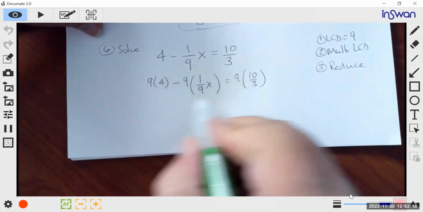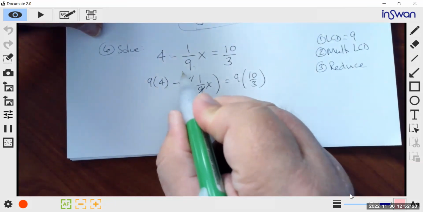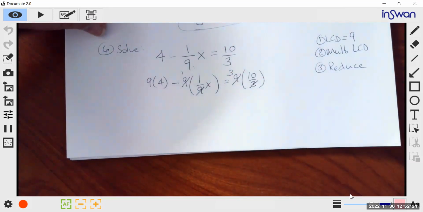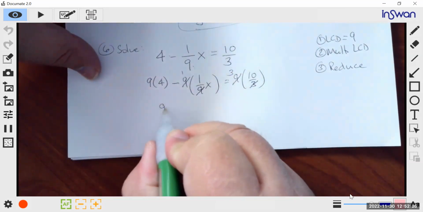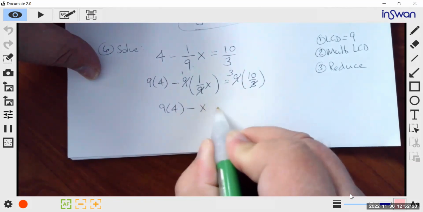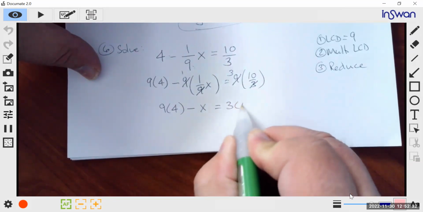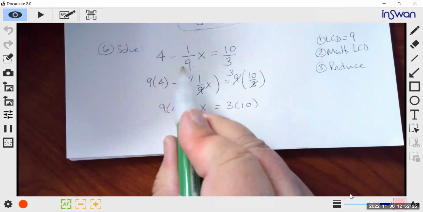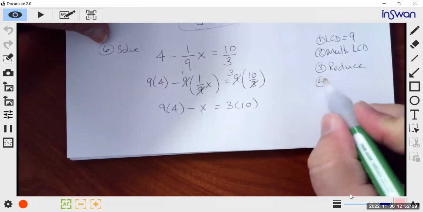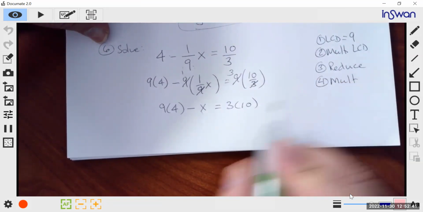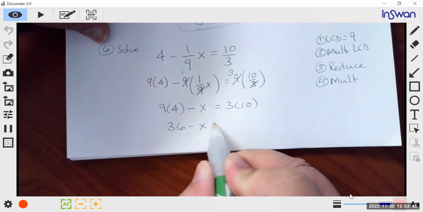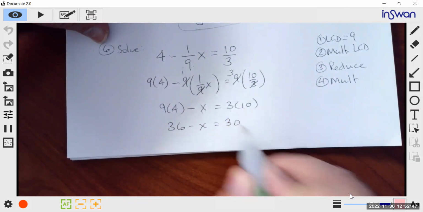Reduce. 9 goes into 9 once. 3 goes into 9 3 times. Multiply to remove parentheses. 9 times 4 is 36. 3 times 10 is 30.